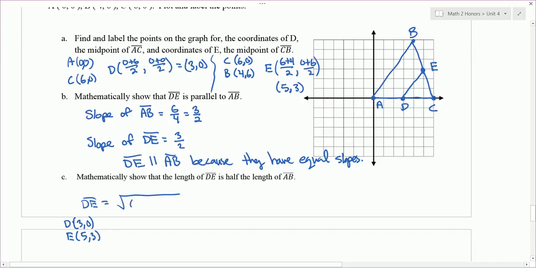So we subtract our x coordinates, so it doesn't matter which order. I'll do 5 minus 3 squared plus, subtract your y coordinates, 3 minus 0 squared, and then simplify that. 5 minus 3 is 2, so you get 2 squared plus 3 squared, which is the square root of 4 plus 9, or the square root of 13.